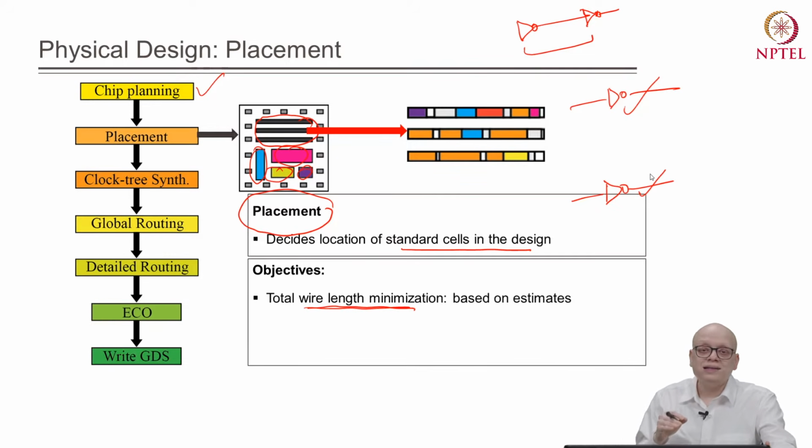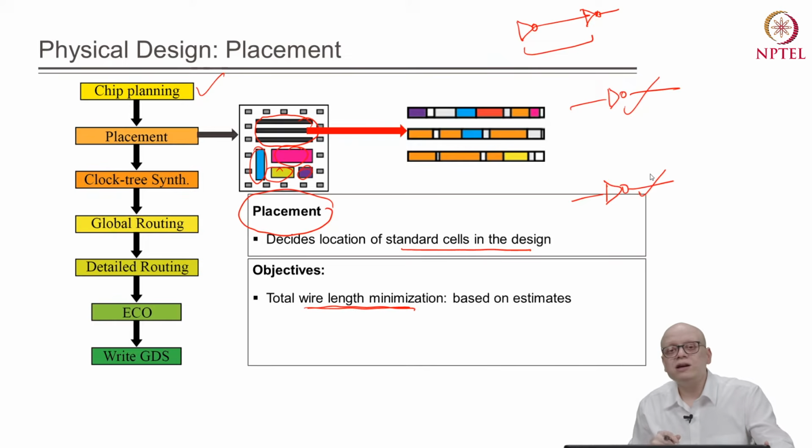Therefore, we do not know exactly how the wires will run on the layout. So the placement tool must rely on some estimate of the wire length, and based on that it will try to minimize it, and that is a challenging problem because the wires are not yet laid out.